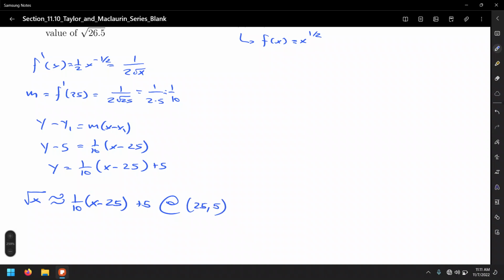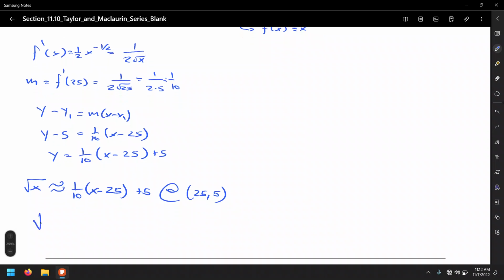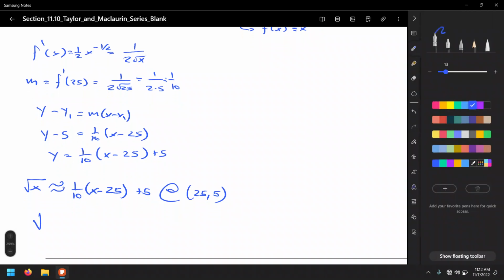Where are we going with this? Well, you'll see. Number one, let's approximate the value of the square root of 26.5. And so, oh no, that's approximately, not equal to.